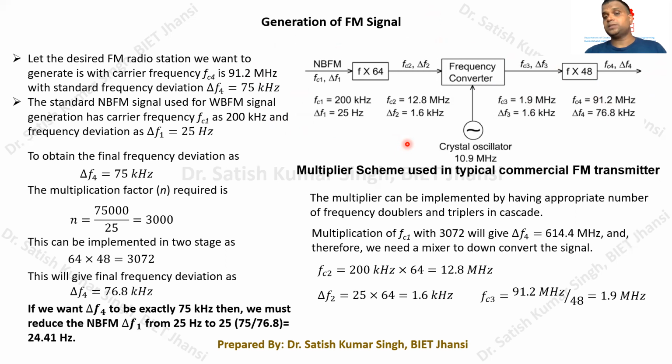Based on the specifications mentioned, you have to answer. Generally the multiplier can be implemented by an appropriate number of frequency doublers and triplers in cascaded connection. But if it is mentioned that there are quintuplers, multiplying by a factor of 5 or 7 or 8, you have to accordingly solve your problem.